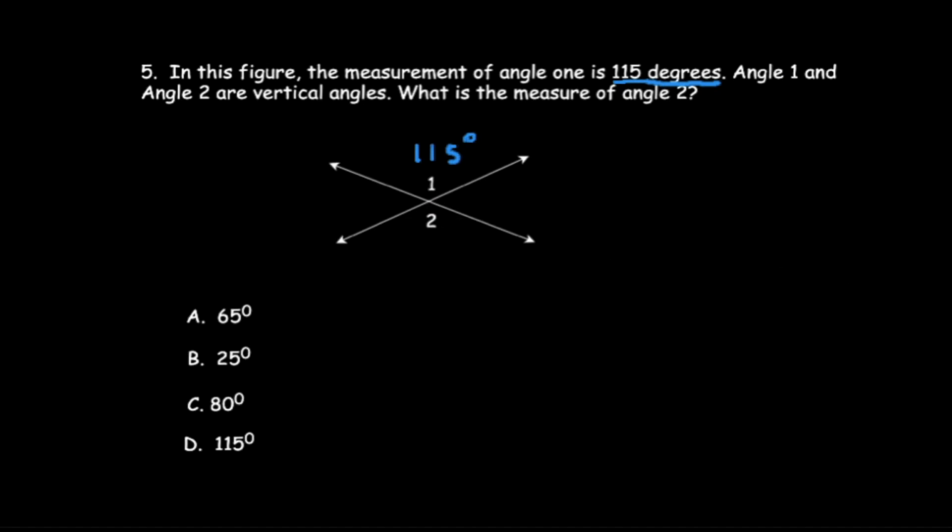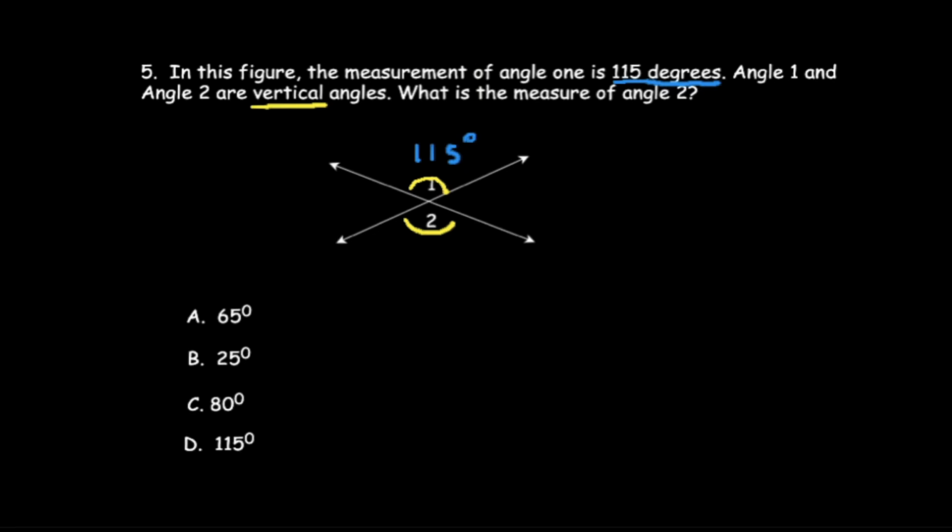Let's take a look at these two angles here. We have angle 2 and we also have angle 1, and they're vertical angles. We can see that because remember, vertical angles are simply angles that are directly opposite each other. Now the question asks us, what is the measure of angle 2?